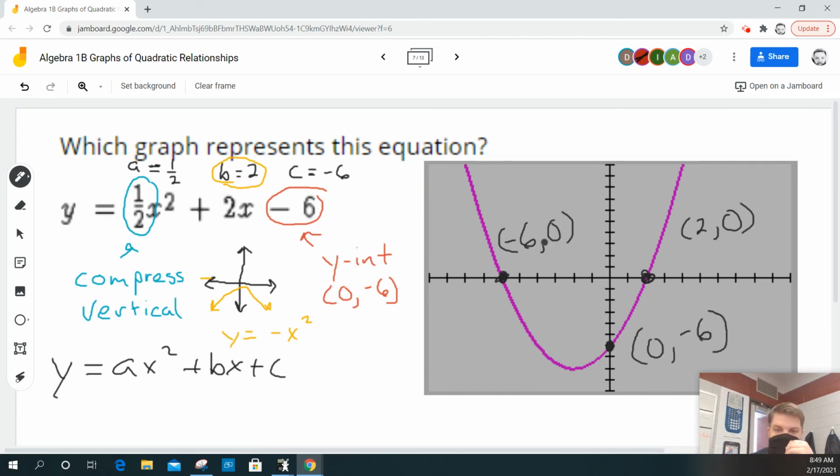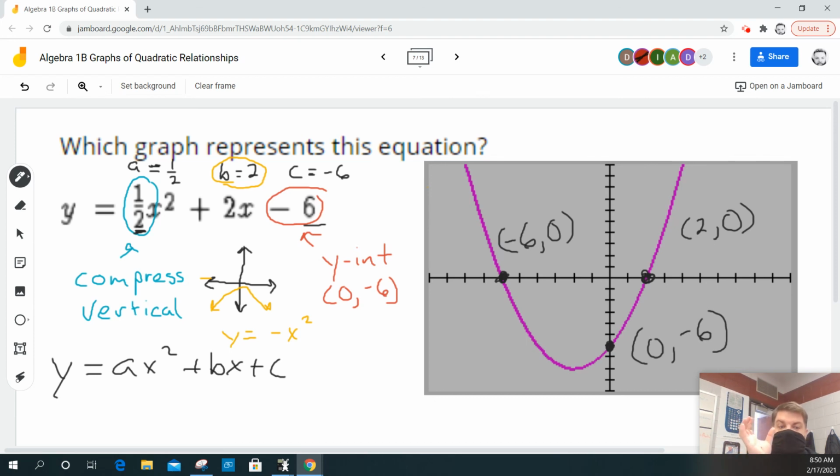Now, if you notice, 6 times 2 equals 12, but if you take 1/2 of that, guess what it equals? 6. That's no accident, okay? So when you go to look for the multiple choice answer, you're going to look for a graph, a parabola that opens up.